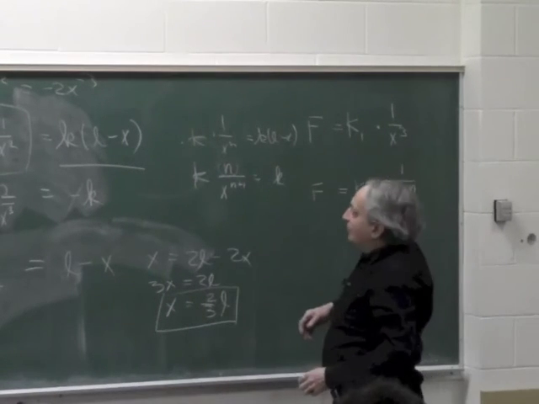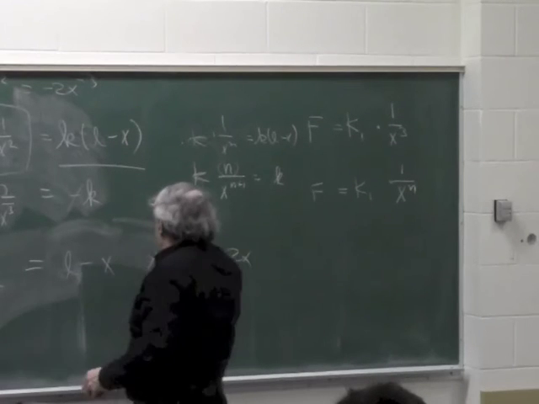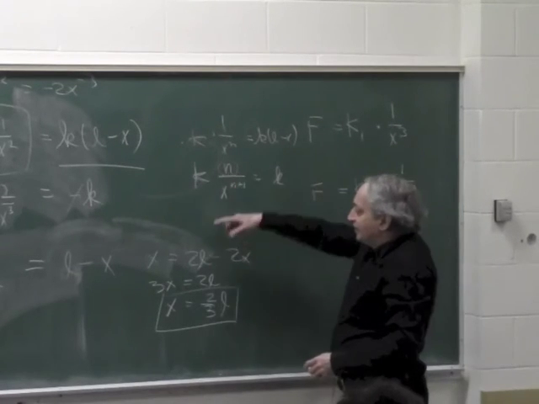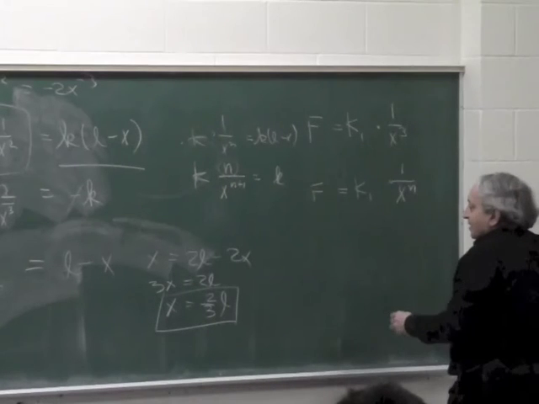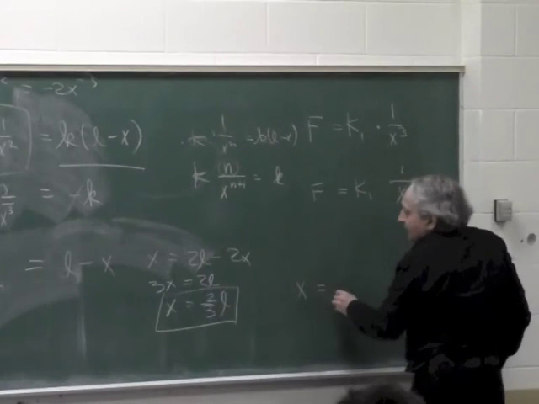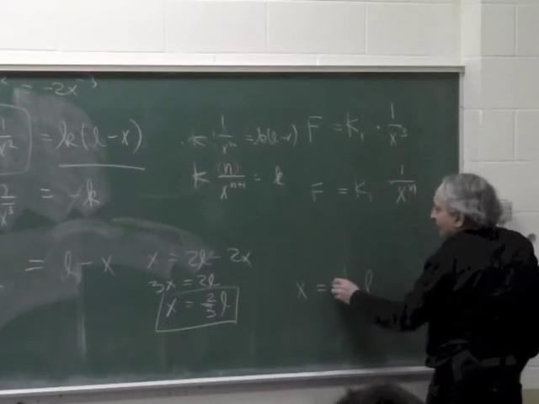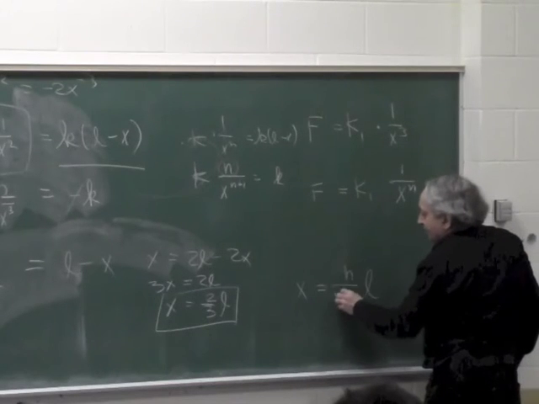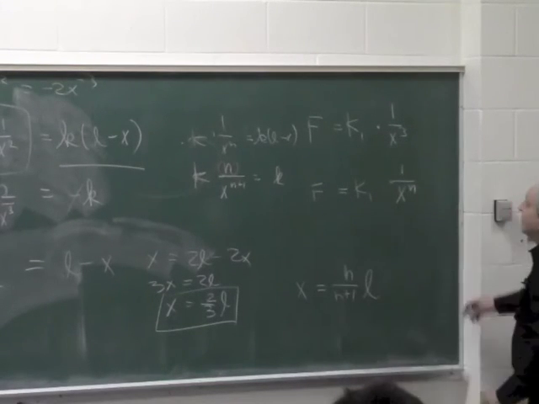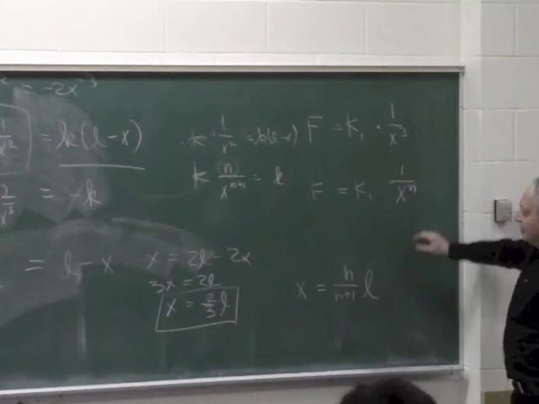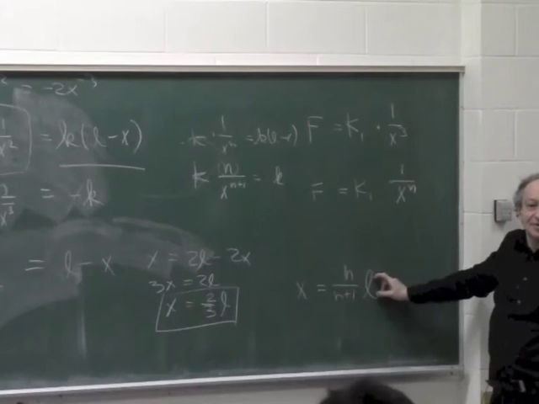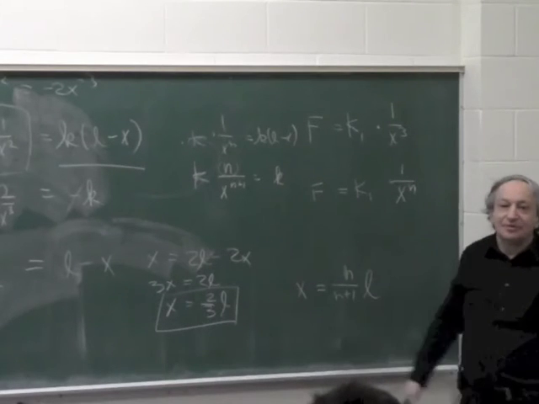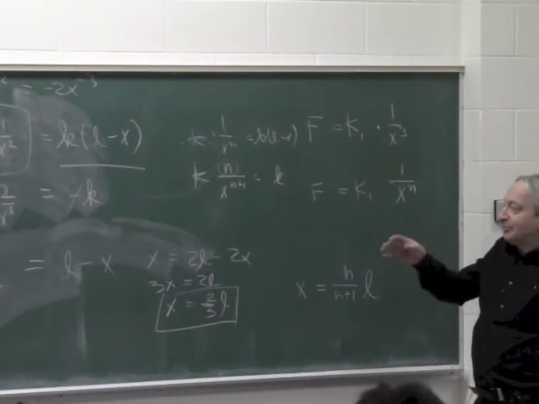So instead of having just a factor 2, we'll have a factor n. We'll basically get that x is n over n plus 1 times L. Yeah, n over n plus 1, exactly. So it'll get worse, because as n goes to infinity, we'll have no active range at all. It's just the same derivation when you plug in n instead of 2. So basically, square law is already bad.